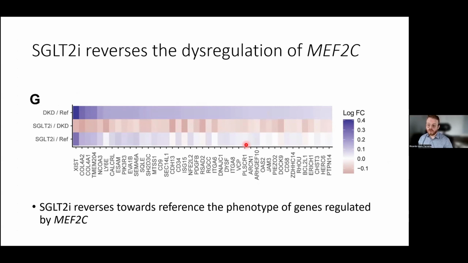SGLT2 inhibitor is already a treatment that's used for diabetic kidney disease. So I think there's a more fundamental question of the role of endothelial cell proliferation in the context of.